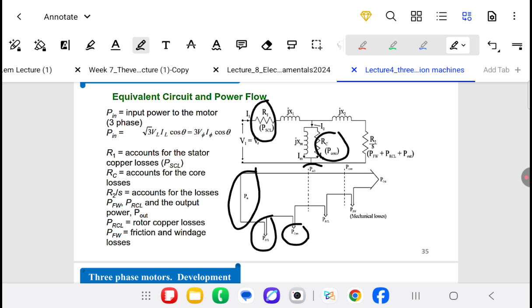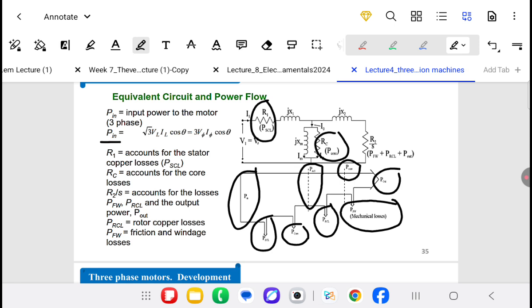The remaining power is called the air gap power, which is the power that passes the air gap to the rotor. The first losses in the rotor are the copper losses in the rotor. Then we have the converted power, P converted, which is the power available for conversion to mechanical power. Part of this power is lost as mechanical losses, friction and windage, and the rest is the output power.